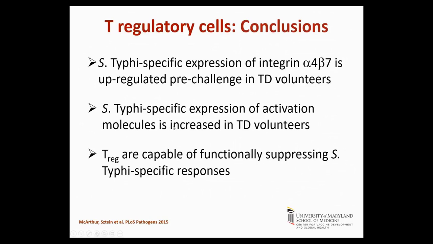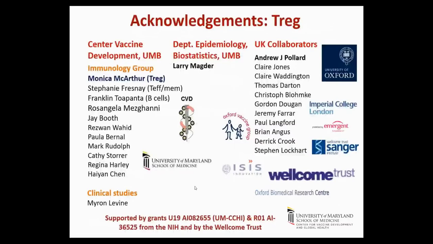Typhoid-specific expression of activation molecules is increased in typhoid disease volunteers, and the T regulatory cells are capable of functionally suppressing typhoid-specific responses, giving an indication that the responses following challenge with wild-type typhoid, on whether the volunteer develops or not typhoid disease, point to a role of the regulatory cells.